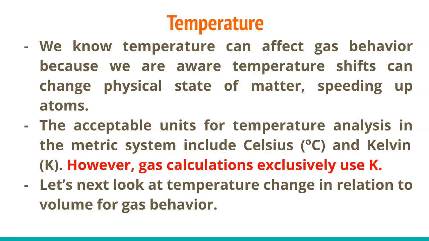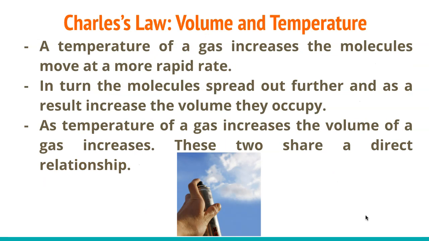All right? So next, let's take a look at temperature and see how it relates to gas behavior relative to volume. This is going to be known as Charles's law. We already looked at Boyle's law. Now this is going to be Charles's law, and this will relate volume and temperature. We know that if a temperature is going to increase, then the gas molecules will move at a more rapid rate, and in turn, they're going to spread out further.